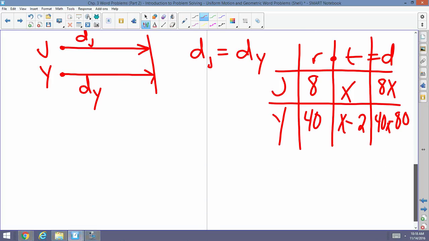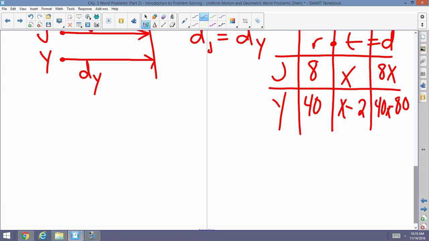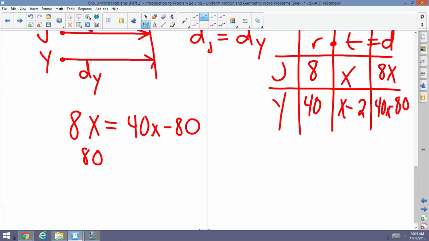Okay. So now, her distance has to equal your distance. The only thing that differs here is how long each of you traveled. So now I'm going to go ahead and add 80 and subtract the 8x. So I've got 80 equals 32x. Divided by 32. Go ahead and reduce here.